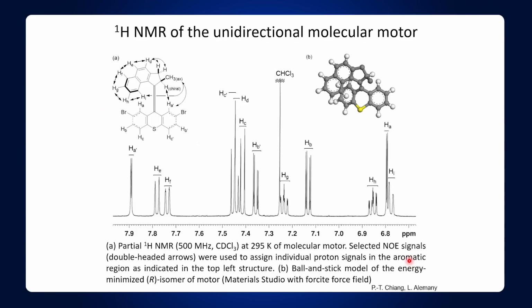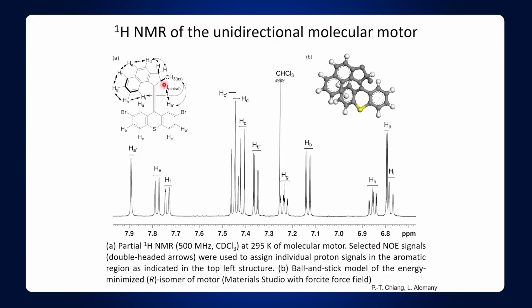And we use NMR to give us information about these molecules. So those of you who've taken organic chemistry, you'll understand that you have these small couplings here, but you have something called the NOE effect, a nuclear Overhauser effect, NOE.